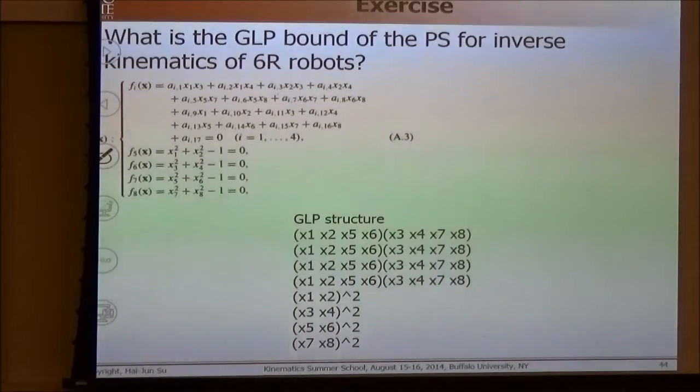And you can count how many possible combinations there are. In general you have two choices, picking any one of them. It looks like you have 2 to the power of 8, but in this case it's also 96, which is the same as the multi-homogeneous root count.